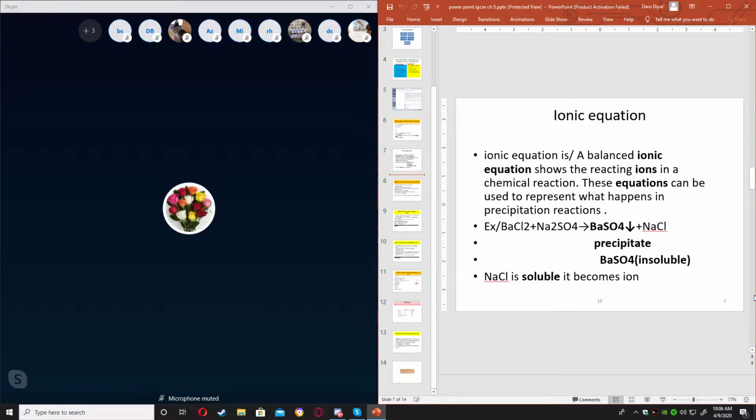We have barium chloride, BaCl2, and sodium sulfate. In this case, the product will be barium sulfate and NaCl.